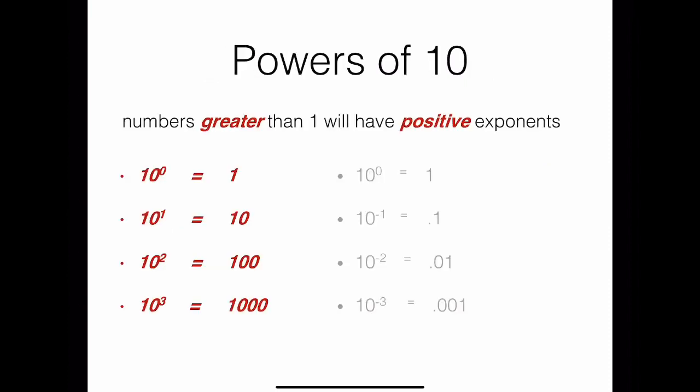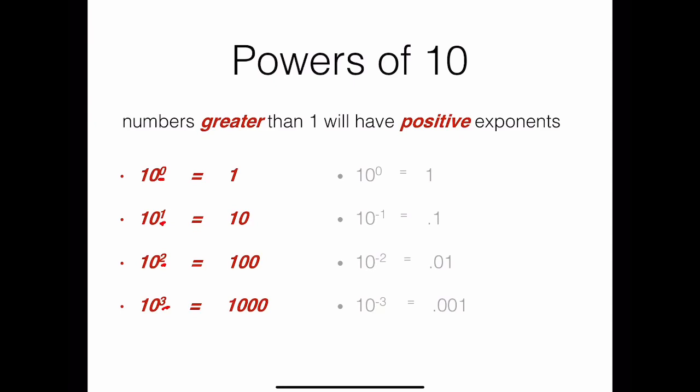A little talk about exponents or powers of 10. I'm sure we've all seen this before, so this should be review for most of us. But what we're looking at is the exponent, the power of 10, this number on the top and what it represents. And there are a couple of different ways to look at it. But in general, numbers greater than 1 will have a positive exponent.